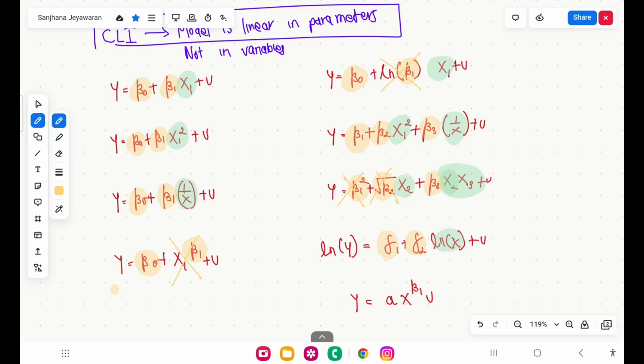The last one is basically the same concept. Beta 1 is a power of x, so it's non-linear and doesn't satisfy the assumption. So the equations I've put a cross on are the ones where the model is not linear in parameters, thereby CL1 is lost.